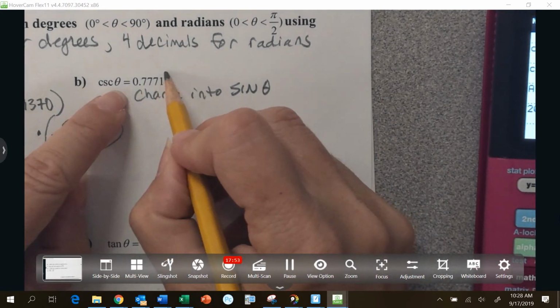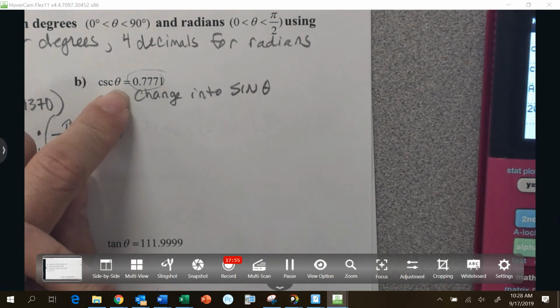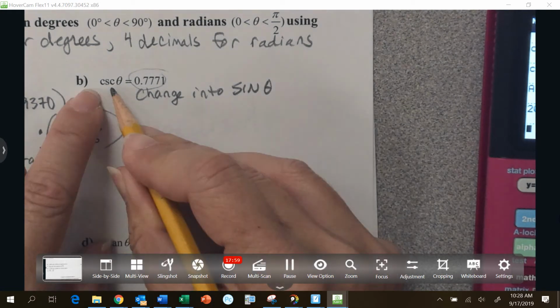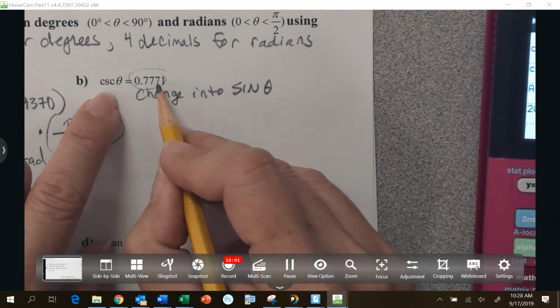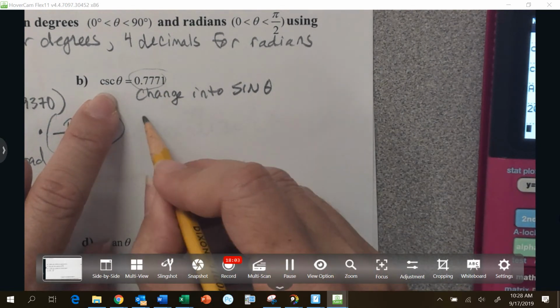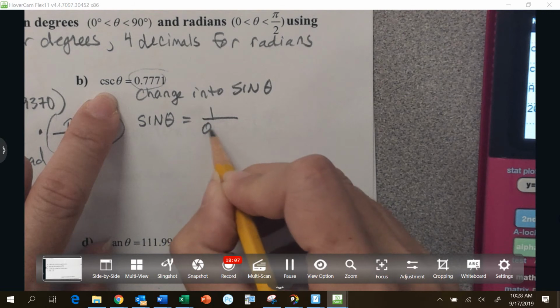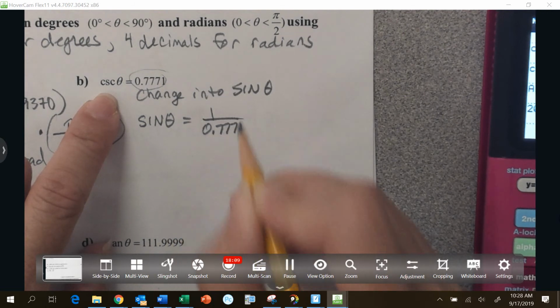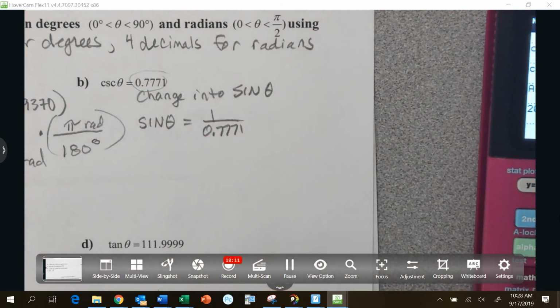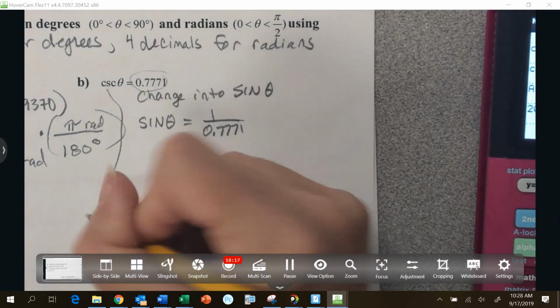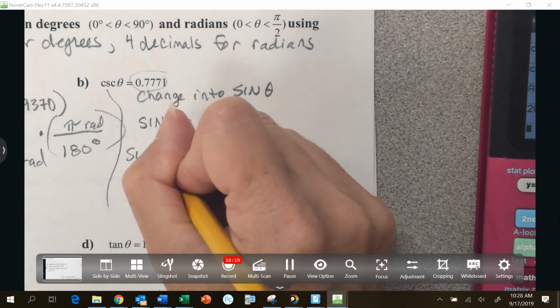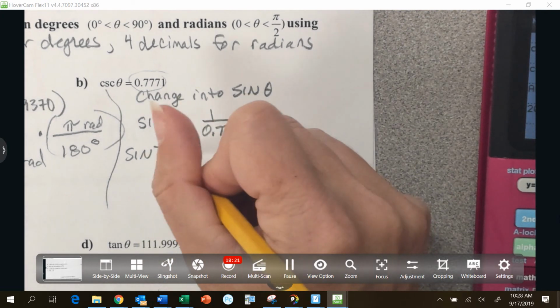Okay, so we can flip this side, and it will change it into sine. So if cosecant of theta is 0.7771, then the sine of theta is 1 over 0.7771. So that's the sine of theta. Are we done? Is that the answer? No. Now what do we have to do? Inverse sine to both sides.